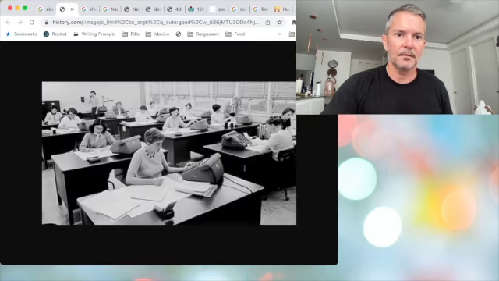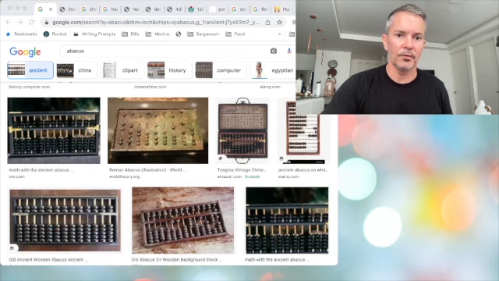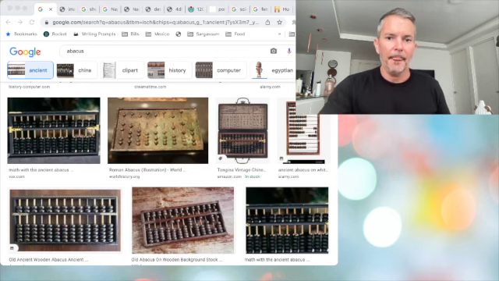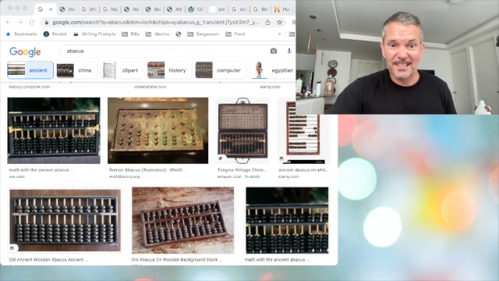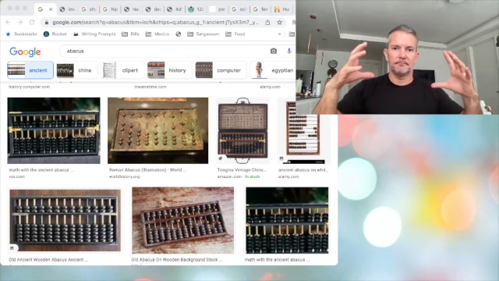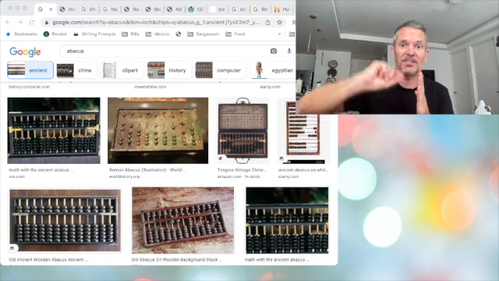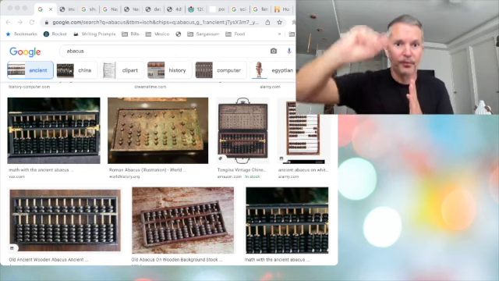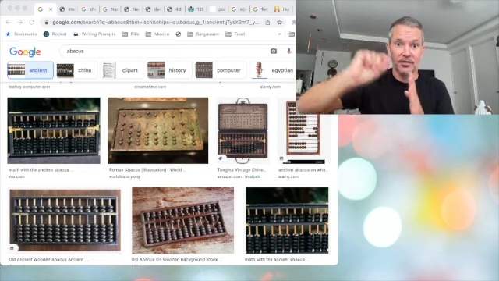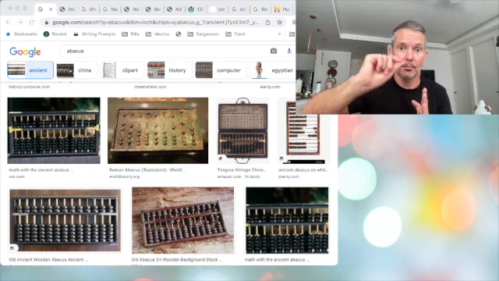There we are. These are generally some sort of square device with beads on sticks, and you move the beads on the sticks to count numbers.